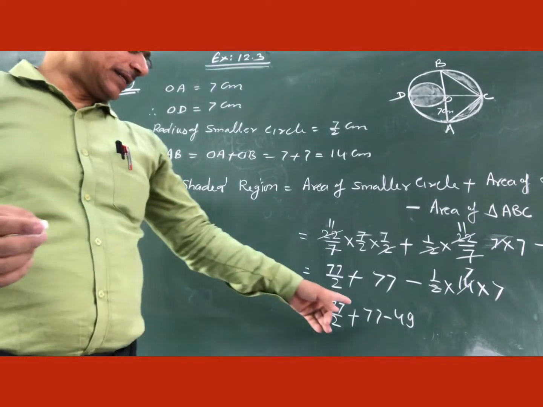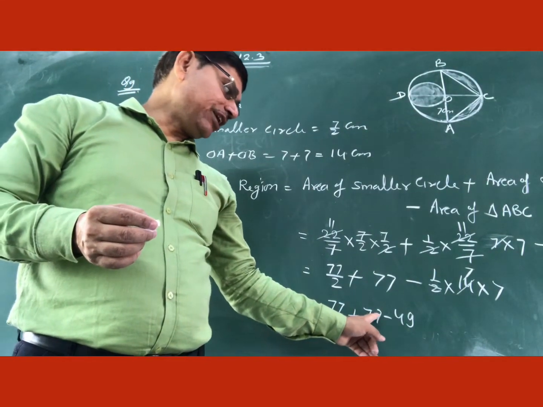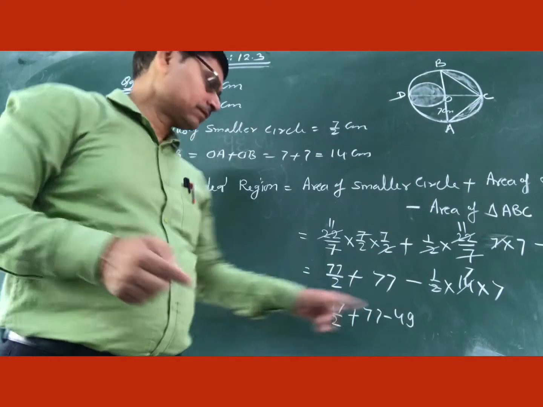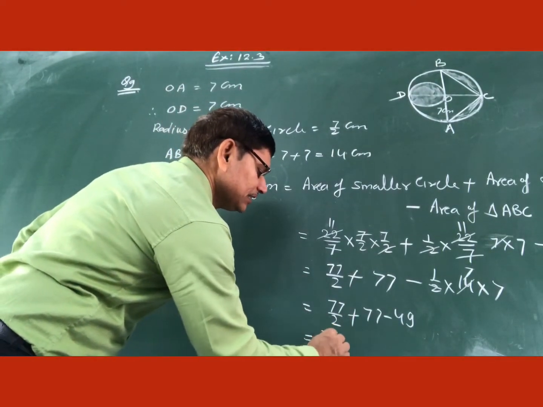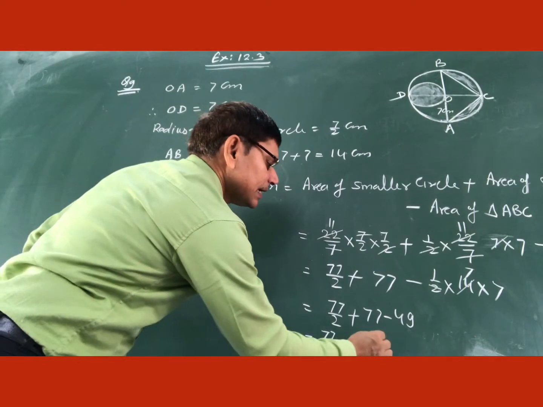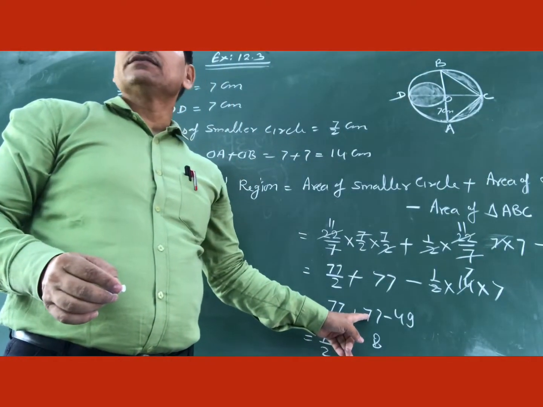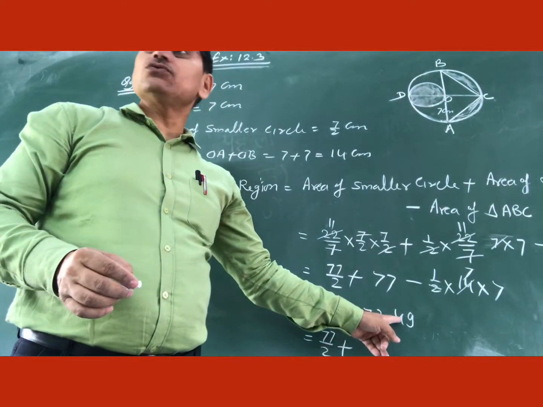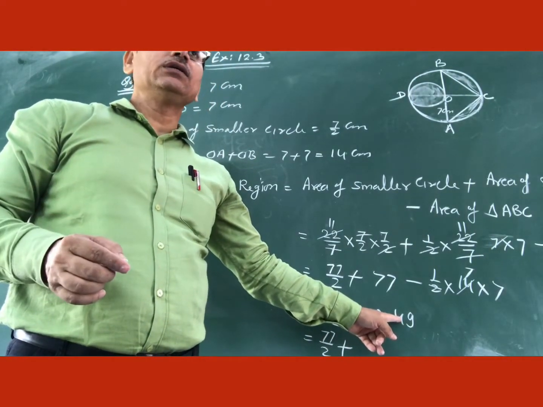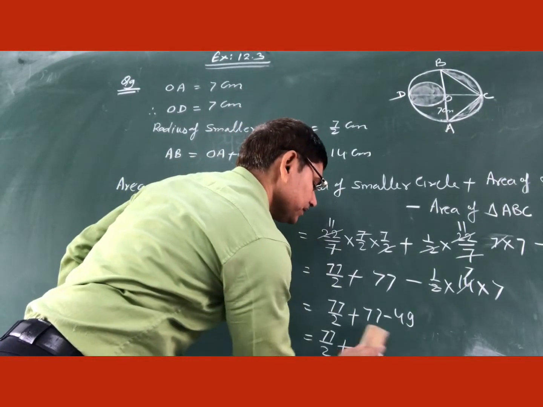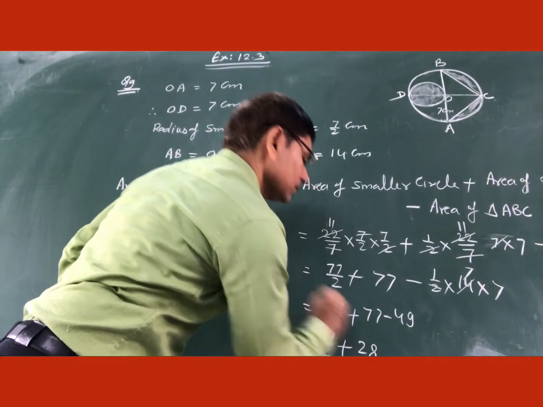If you subtract, that is 77 minus 49. How much will you get? 28. You will get 77 by 2 plus 28.